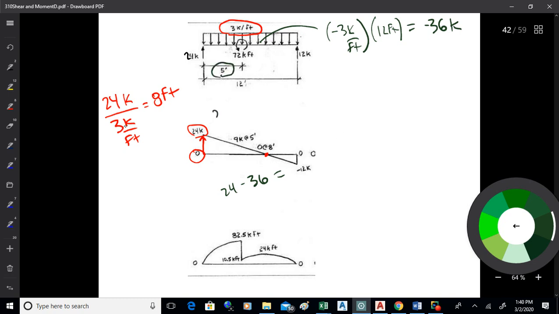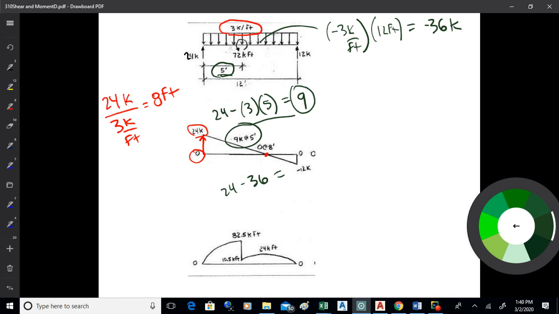If I'm at 24 and I'm going to drop by 3, and I'm going to do that over a run of 5, that's going to be 24 minus 15. That's 9. That's the value there at 5 feet. Okay. So those are the things that I start to look at when I start building this diagram here.